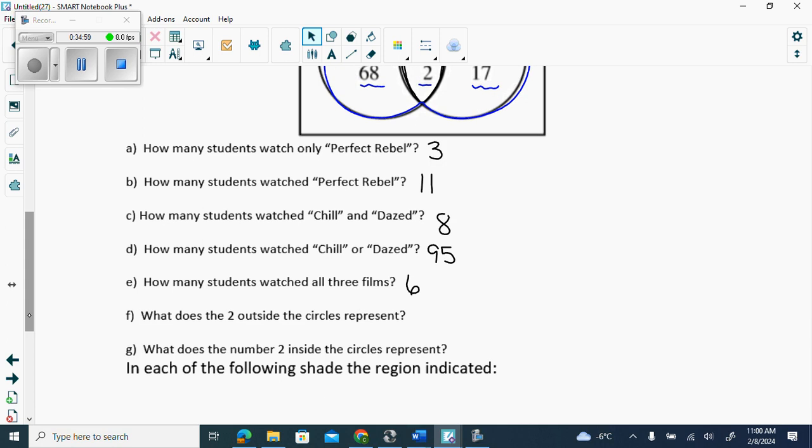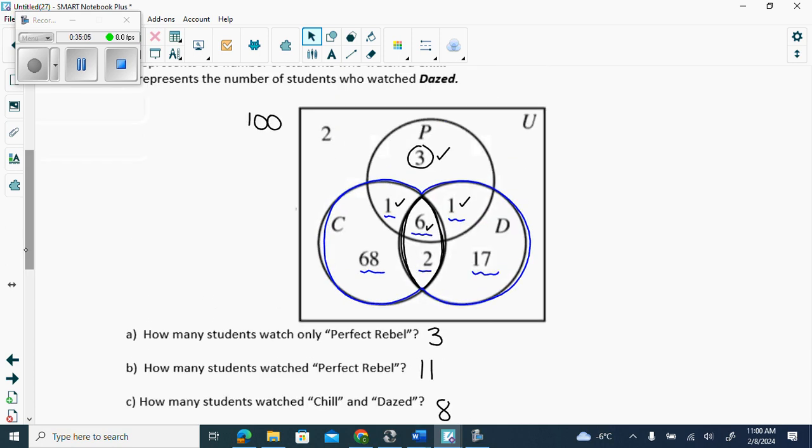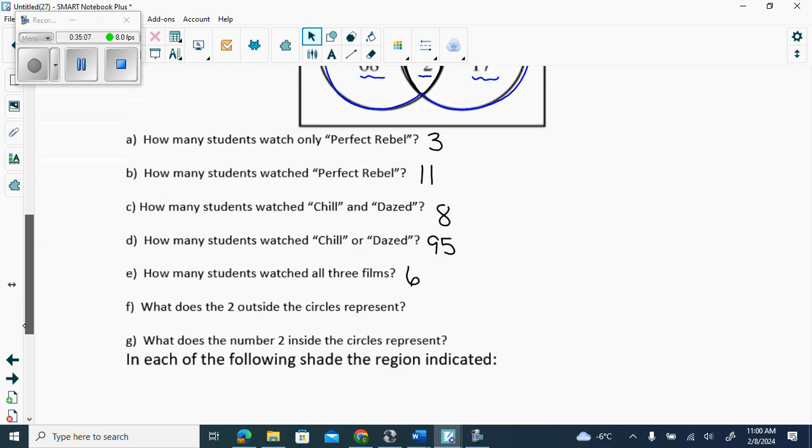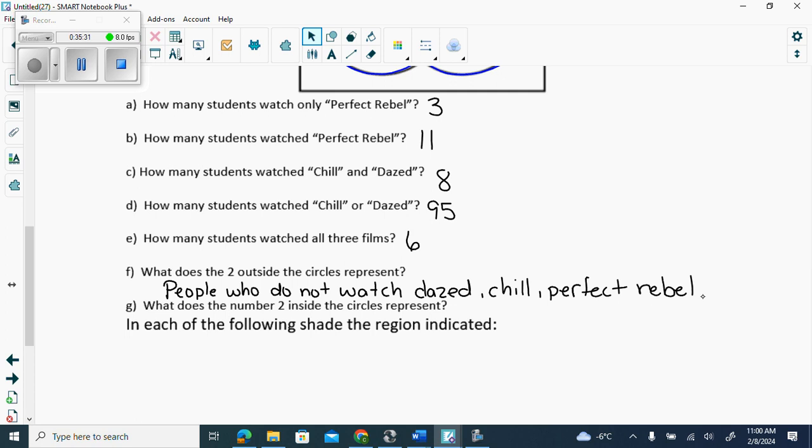All right. What does the 2 on the outside represent? The people who do not watch any of the 3 movies. People who do not watch Days, Chill, Perfect Rebel. And you guys, we want to be specific. So if you write the people who don't watch all 3 movies, are you actually tying it to this question at all?